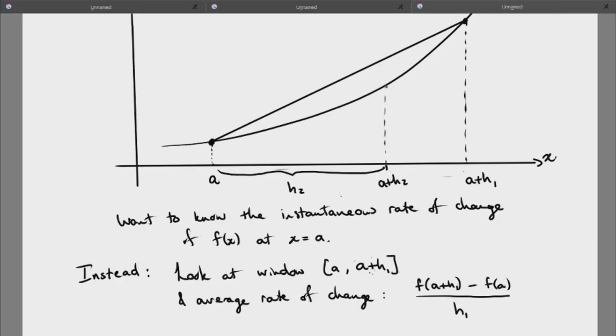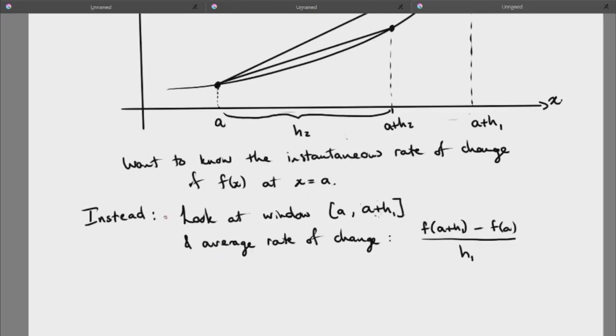That's a point that's closer to my point of interest, even though I'm still using information in the average, information I don't want. It's less than before. So it is an improvement, definitely.